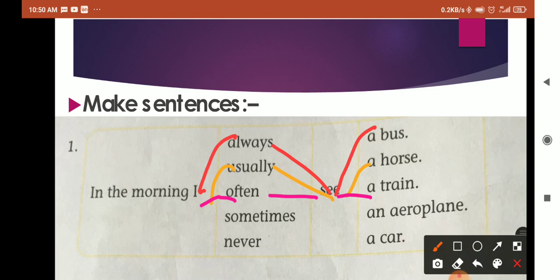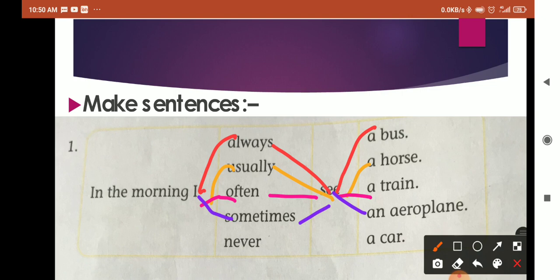Next is in the morning I sometimes see an aeroplane. These are the common sentences, and only the mid position adverbials and the objects are changed.